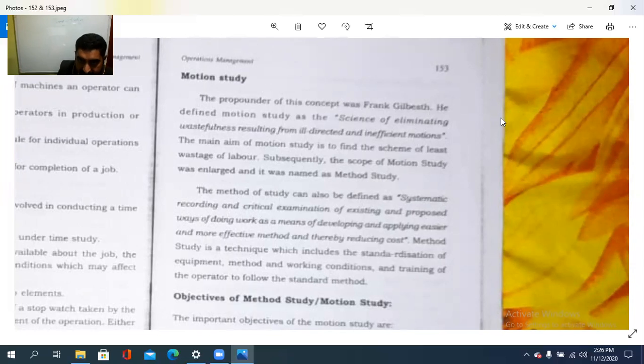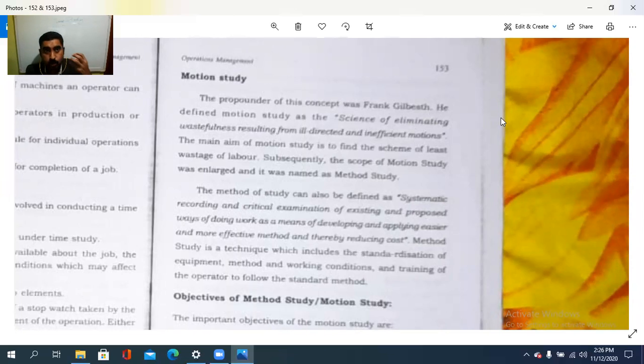The method study can be defined as a systematic recording and critical examination of existing and proposed ways of doing the work as a means of developing and applying easier and more effective methods and thereby reducing the cost. I think we discussed it yesterday, the method study. The method study is a technique that includes the standardization of the equipment, methods and working conditions, and training of the operator to follow such a standard method.